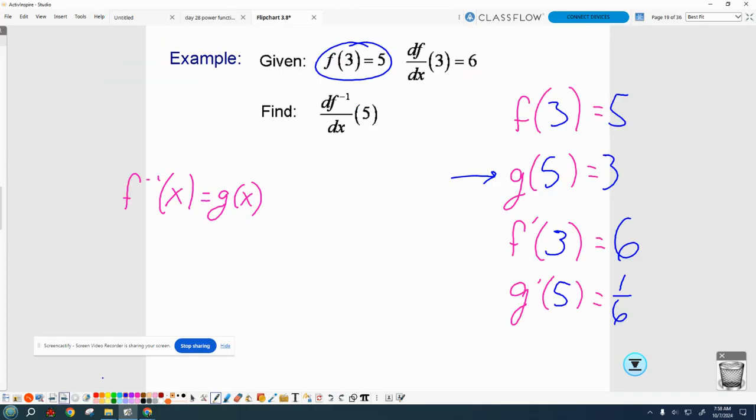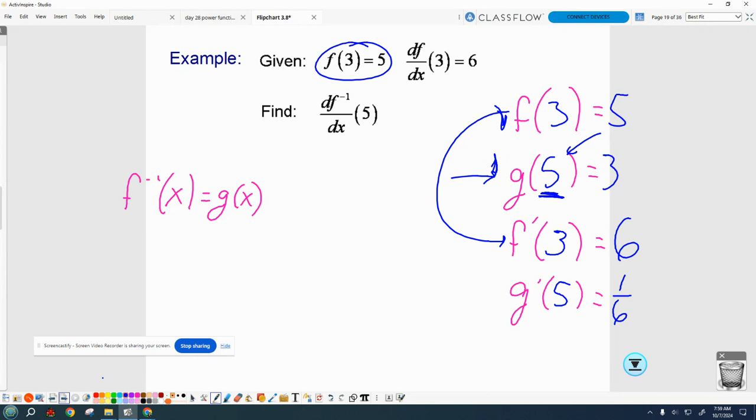So let's look at it again. The slope of the original function at the original function's coordinate was 6. So for the counterpart function, this guy's x value is that guy's y value, and that's the thing that hurts. I don't know how to explain that well. So this is why I always write these two first.